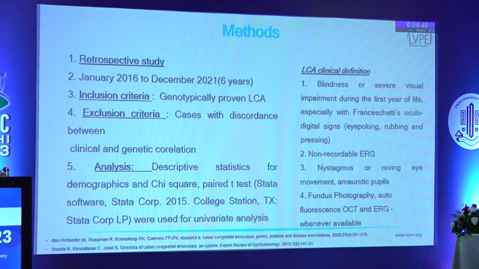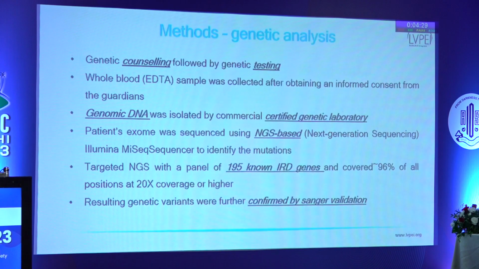This was a retrospective study of 6 years. We included only those cases who were genotypically proven to be LCA and matched the LCA clinical definition as per standard guidelines. We excluded all the cases where the genotype did not match the clinical description expected for LCA. Genetic testing was always preceded by genetic counseling.